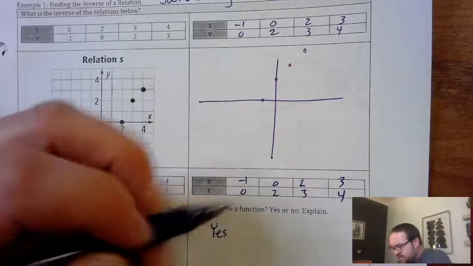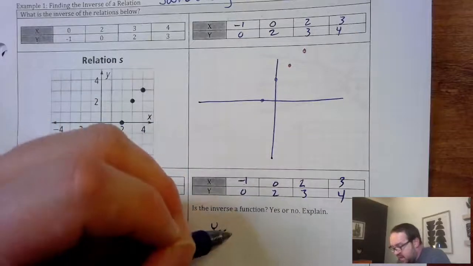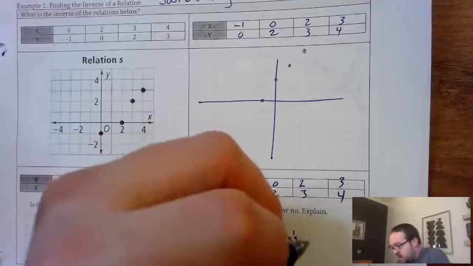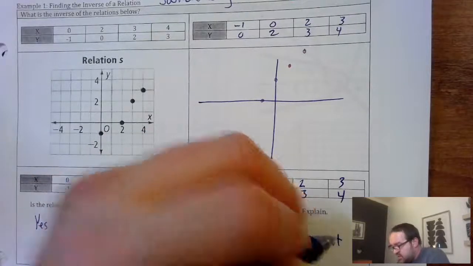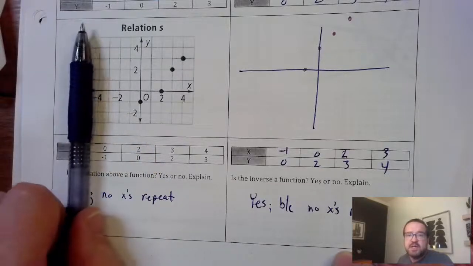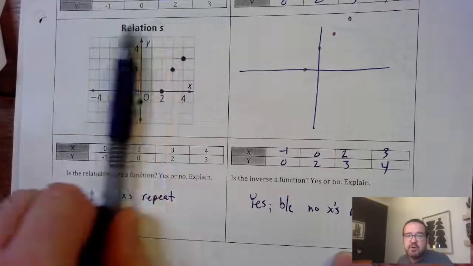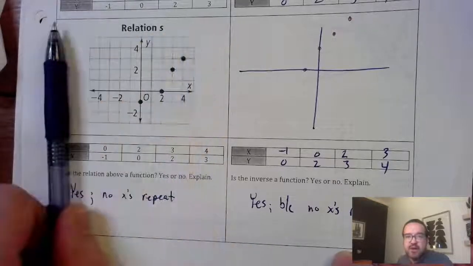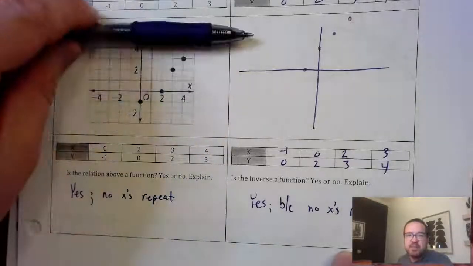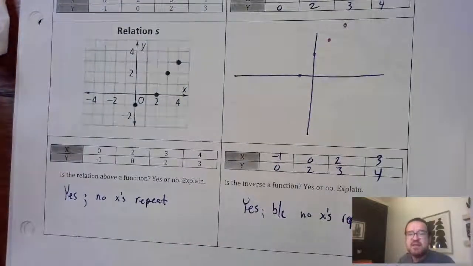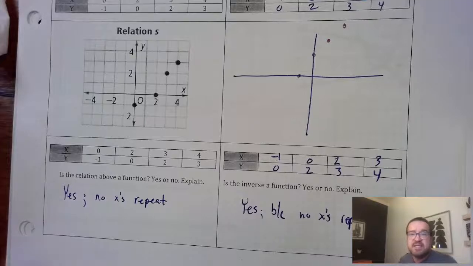Yes, because, again, no x's repeat. Now, I didn't have to actually switch it for both of them. Think about it. I could have taken the original and said, yep, it passes the vertical line test. There is not any place on this graph that the points touch more than once. And does it pass the horizontal line test? Yes, it does. This function is determined to be one-to-one.